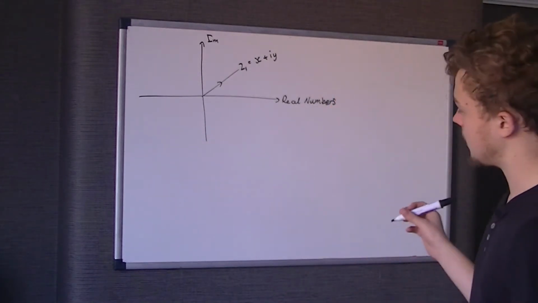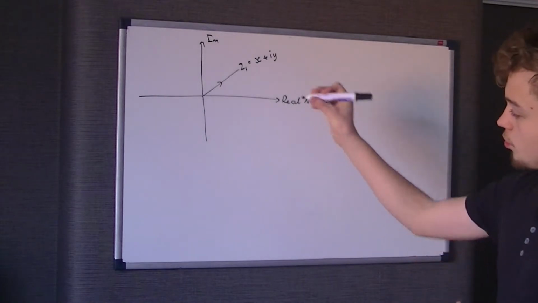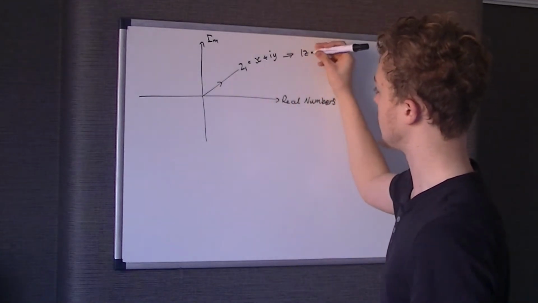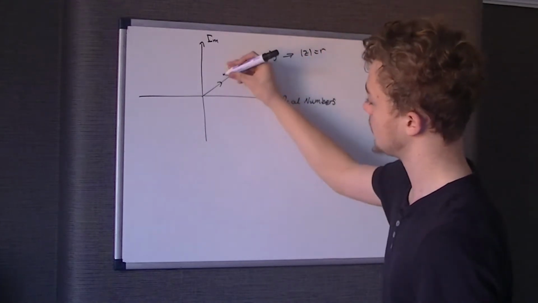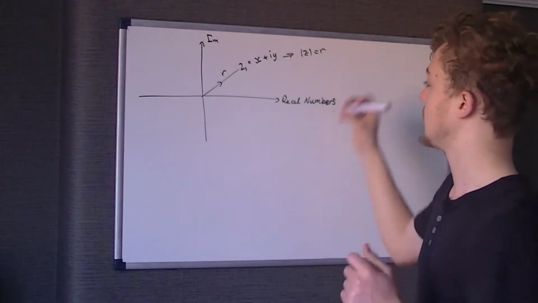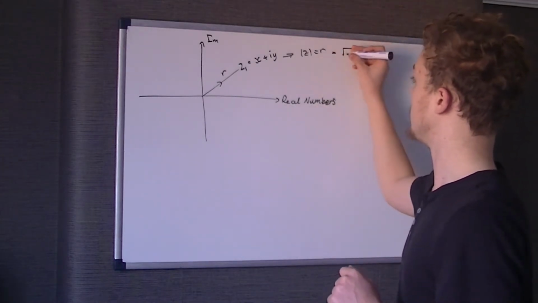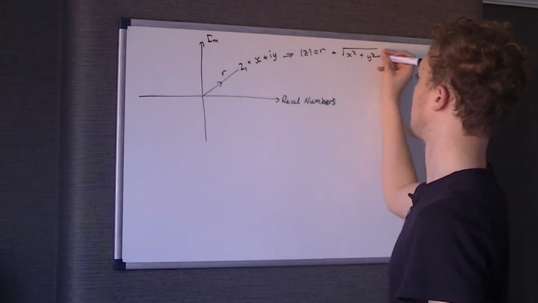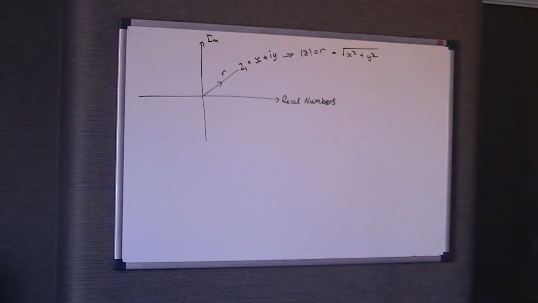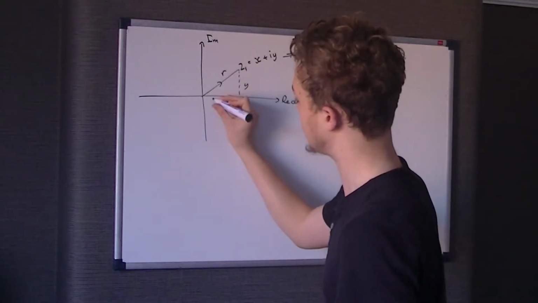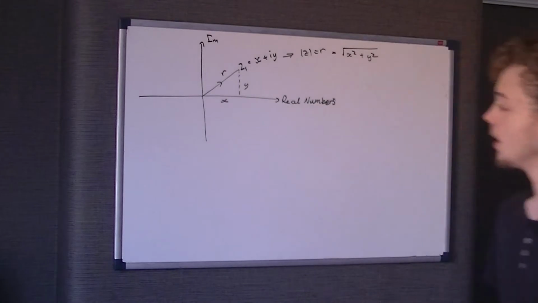What we said was, to find the length of this, we did the mod of z and we called that little r. The modulus was the square root of x squared plus y squared, to get the length of r, because the height was y and the length was x.